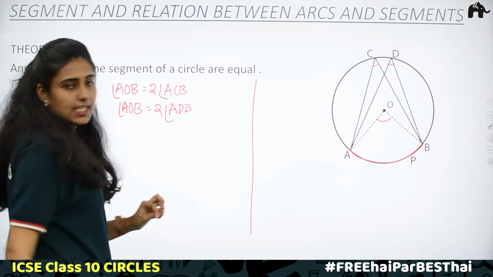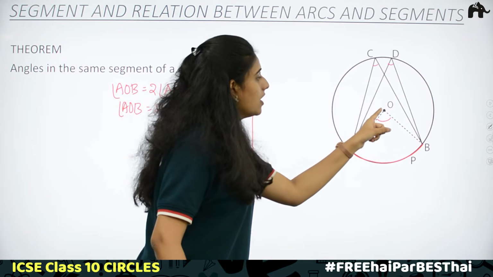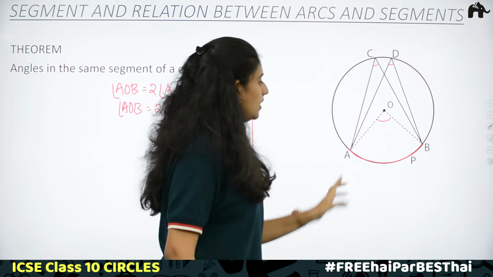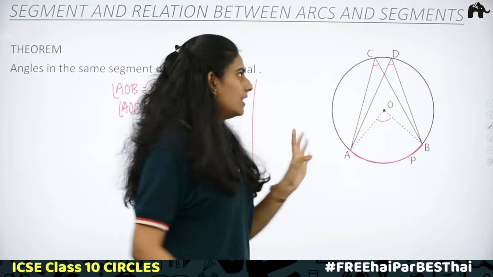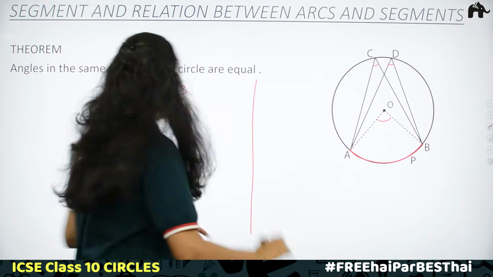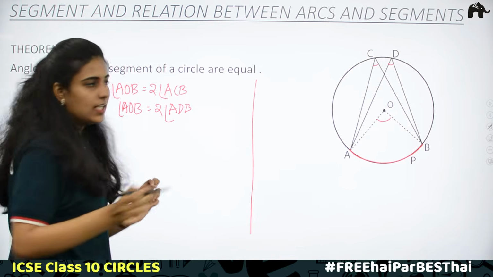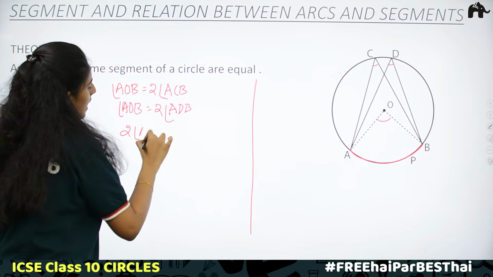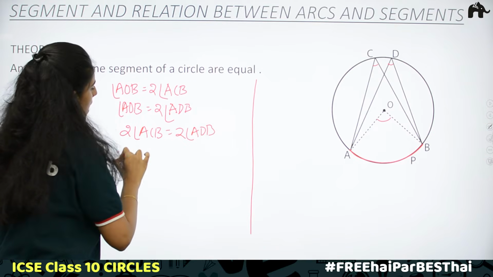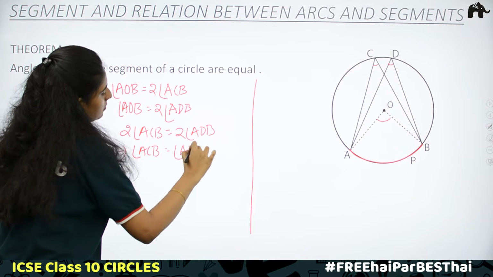If ACB is equal to half of AOB and ADB is equal to half of AOB, then we can say that ACB and ADB are equal. Yes, here we have left hand side equal, then right hand side should also be equal. Therefore, 2 times ACB equal to 2 times ADB implies ACB equal to ADB.